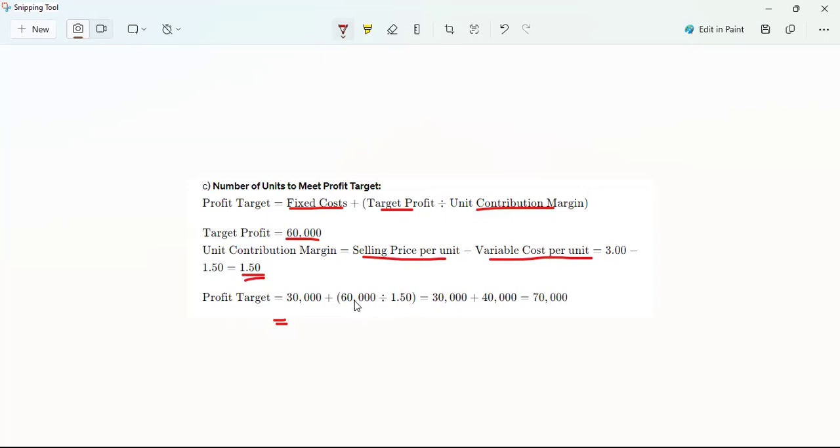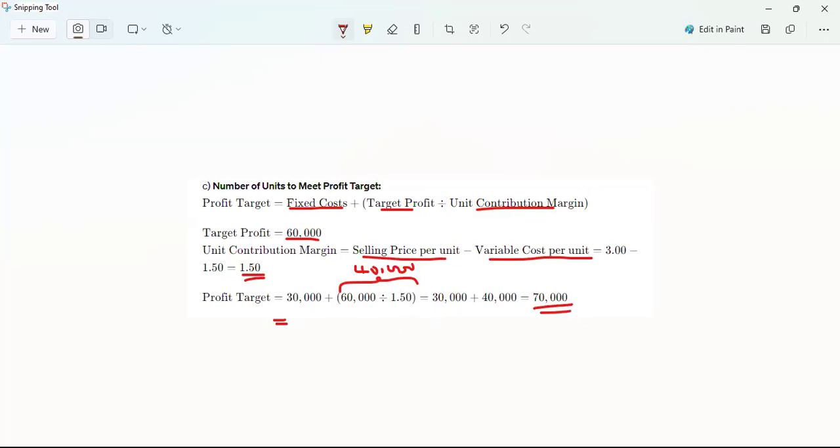It's giving us 40,000. So we add 30,000 plus the 40,000, which is giving us 70,000.